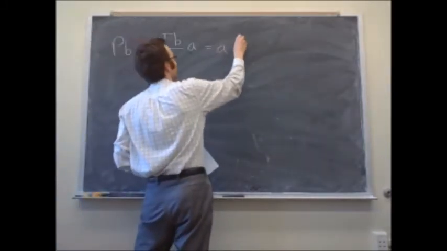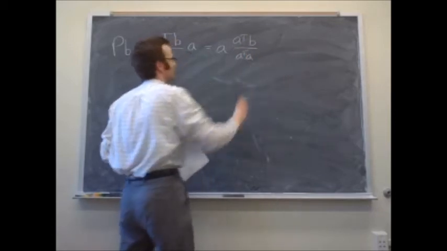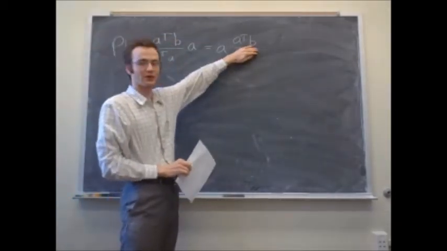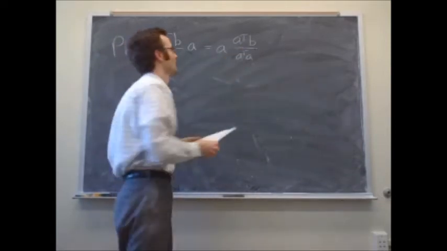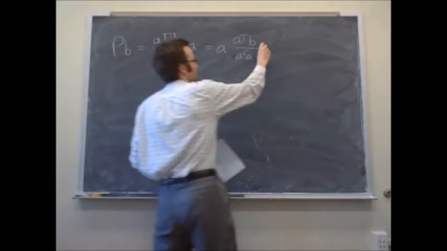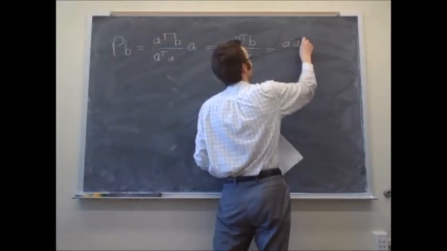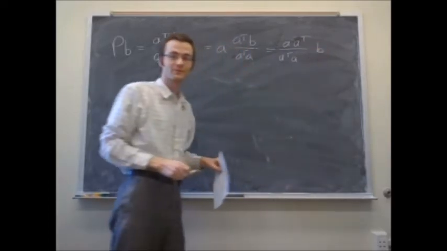So it's A transpose B over A transpose A. But this is just a number, so just ignore it for a second. We can multiply the top in whatever order we want. And so we can just rewrite this as A transpose over A transpose A times B.